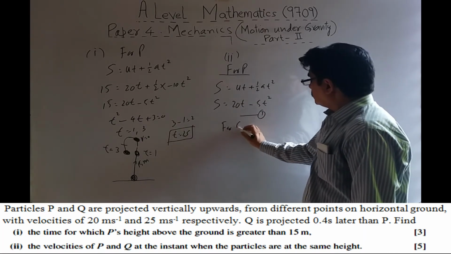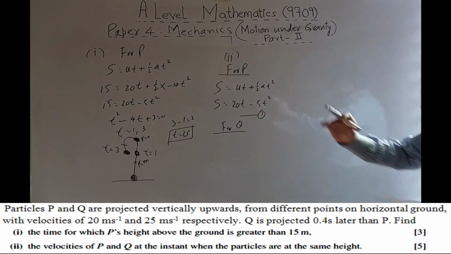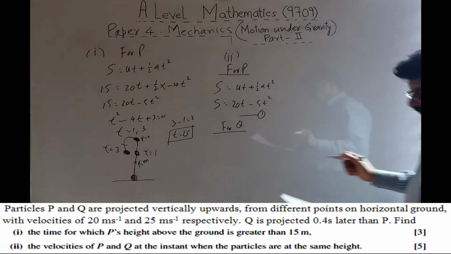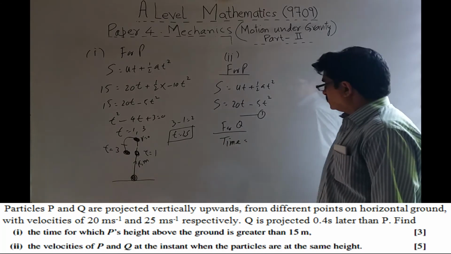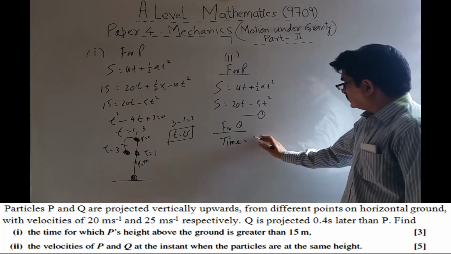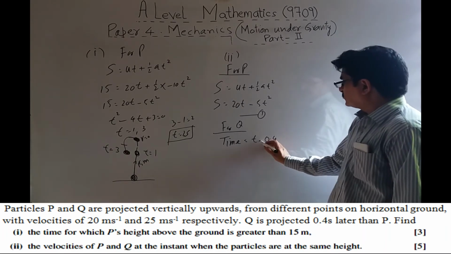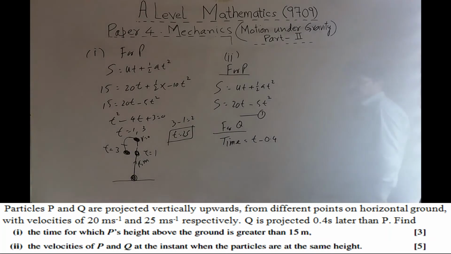Now similarly for Q, very important point, keep in mind that Q is projected 0.4 second later. So for Q, the time is, this is a very important point, that for P it's t. You can say that for Q 0.4 seconds are wasted. We projected Q after 0.4 second.